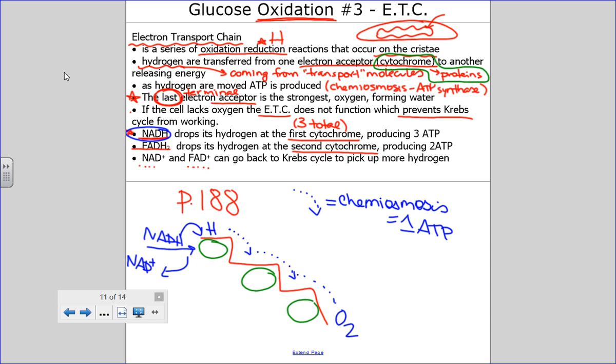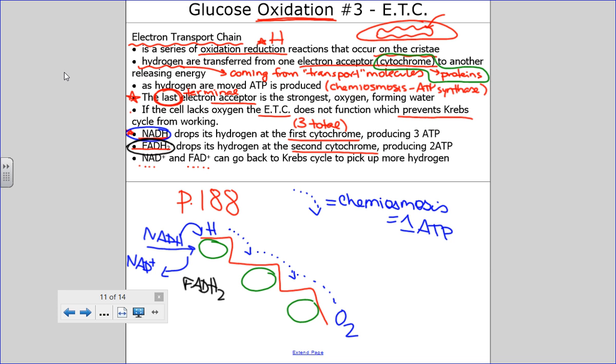Now, my other molecule, FADH2, like it shows in your textbook, comes in a little later. I like to look at this and say, oh, look, FADH2 has a 2 on it. That reminds me that it comes to the second cytochrome and that I only get 2 ATP from it.